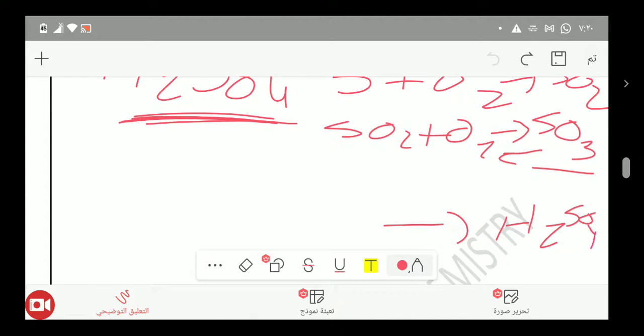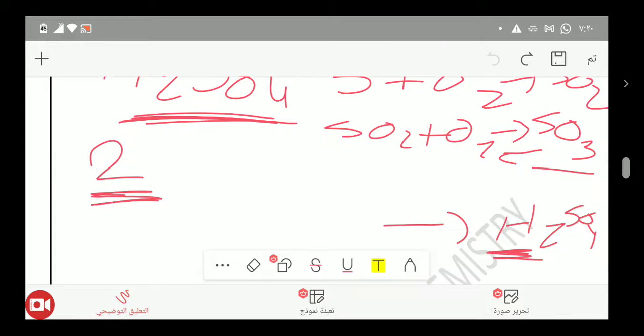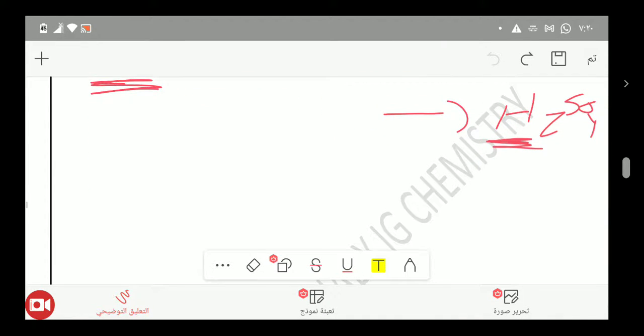It is very important to remember the catalyst used here, whether it is iron or vanadium, the temperature of 450, and the pressure, which is 2 atmospheres. So during the revision process we have to focus on the most important points which may come in the exam.